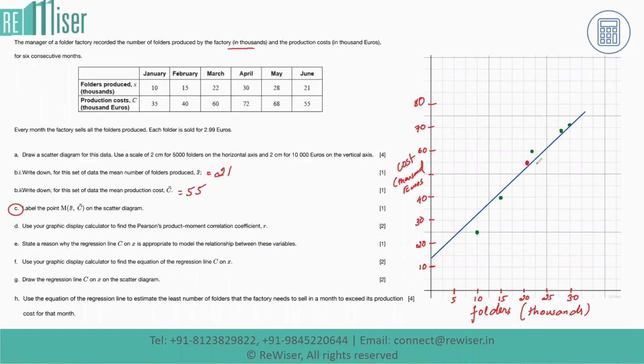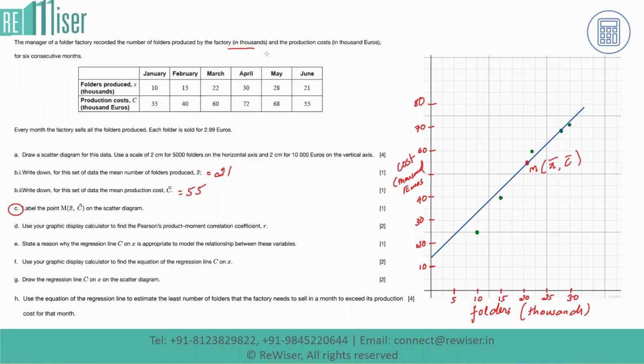This point is point M, which is (x̄, c̄). Actually, we can draw the line of best fit in a better way by making sure that it passes through the mean point. So I can redraw my line of best fit, something like this, or maybe something like this. And yes, this is the point we need to represent on the scatter diagram.